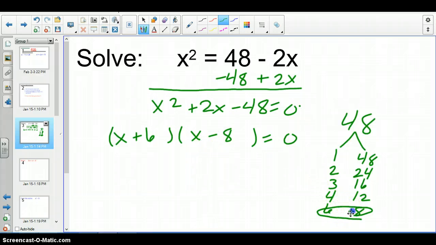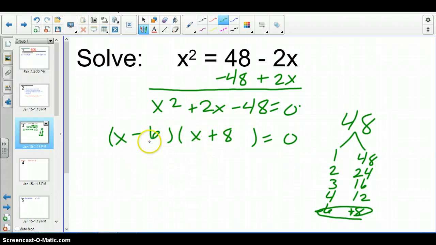Sorry, the 8 should be positive, 6 should be negative. So we should have x minus 6 and x plus 8. So when we multiply negative 6 and 8 together, we get negative 48. When we add them together, we get positive 2.